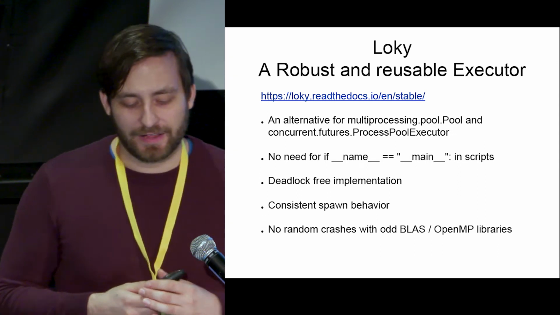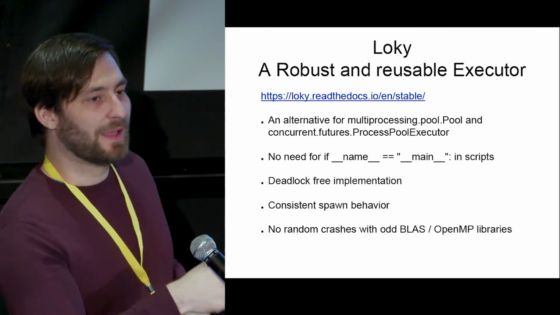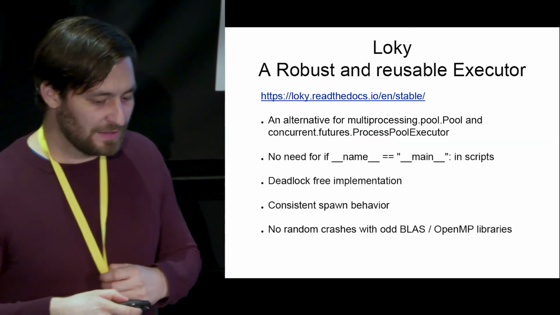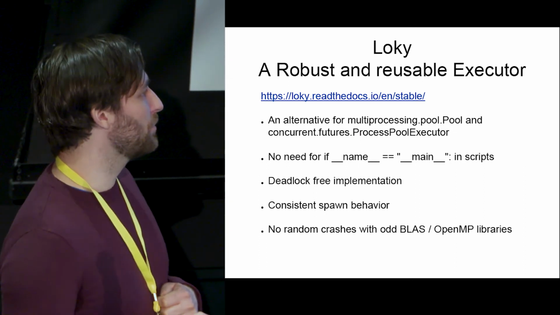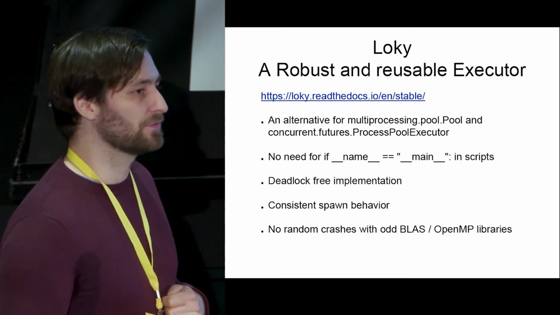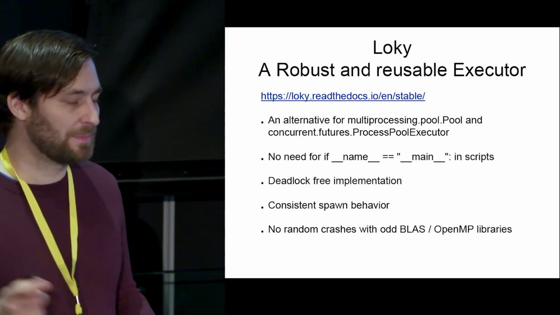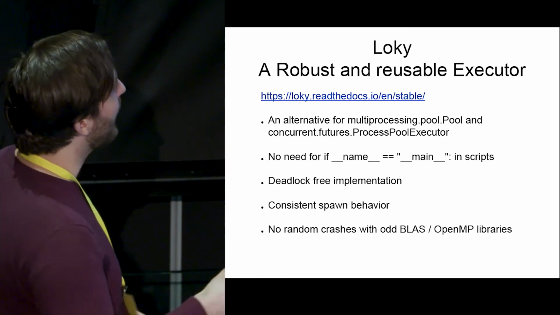In particular, on Windows, you had to do if __name__ == '__main__' in all of your scripts if you wanted to use parallelism. And if you were on OS X, you might get random crashes because of the BLAS that Apple uses and how the people that write Python and the people that write macOS don't agree on what POSIX means.